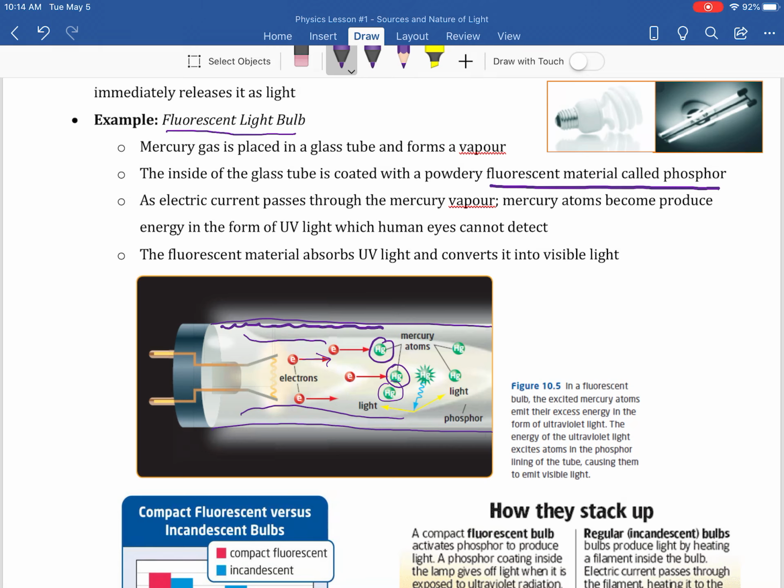And they're going to get excited. They're going to hop up to that excited shell. But remember, they can't stay excited forever. So then that valence electron has to come down.